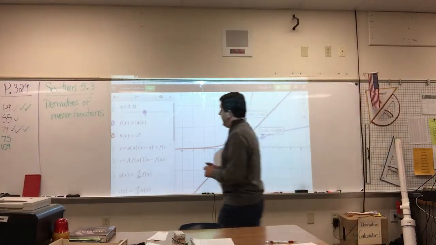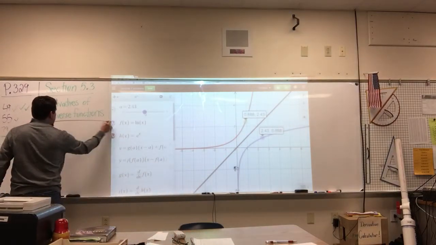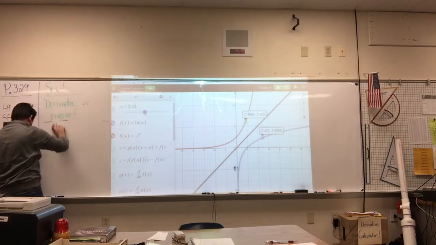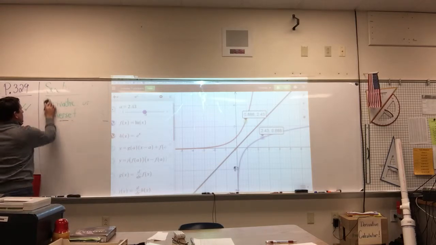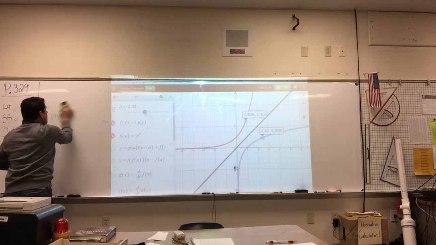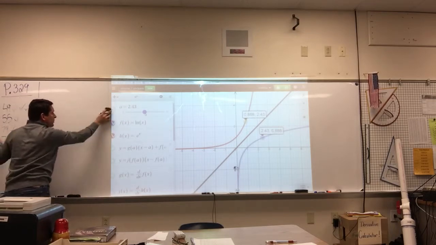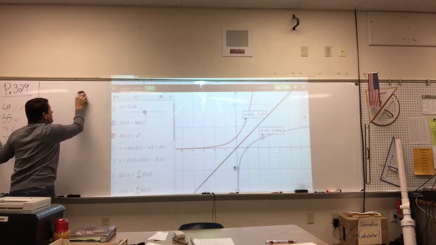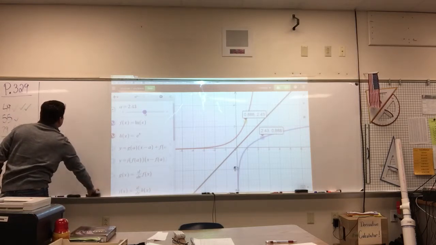So, let's try that. What I'm going to do is take these two functions and try to figure out how we can prove that they're inverses based upon that definition of f of g of x.